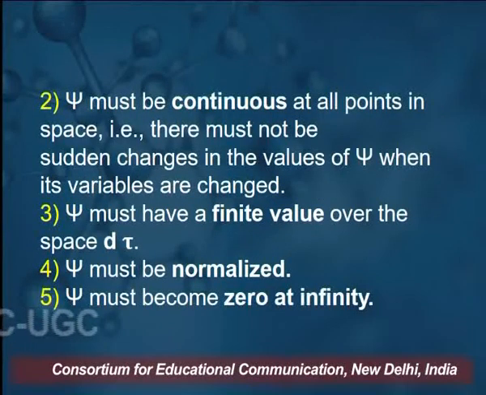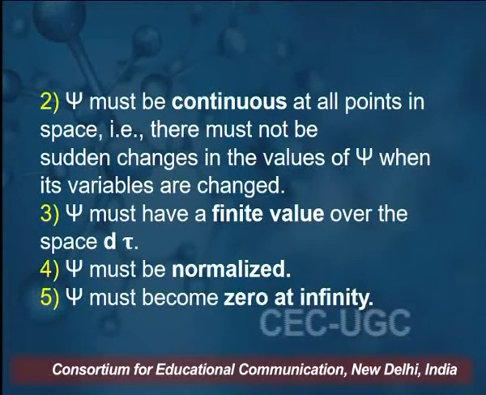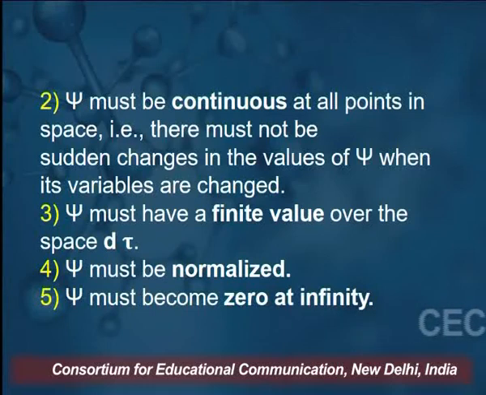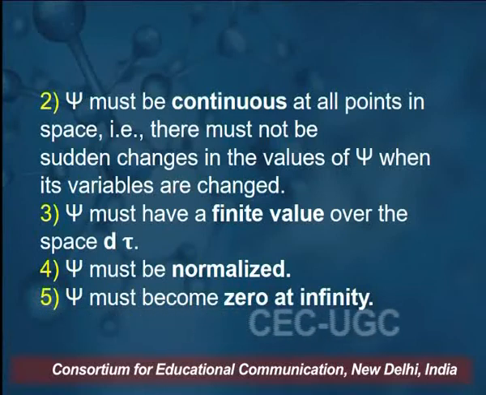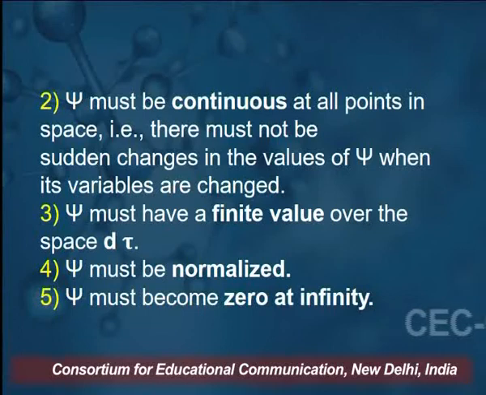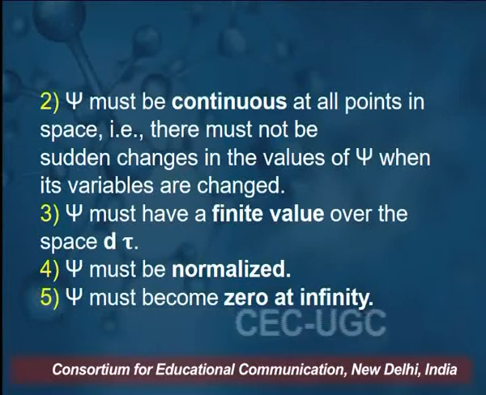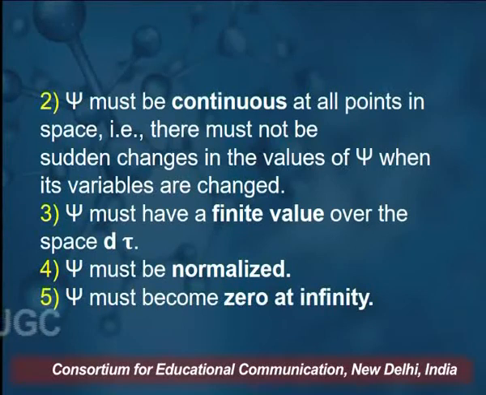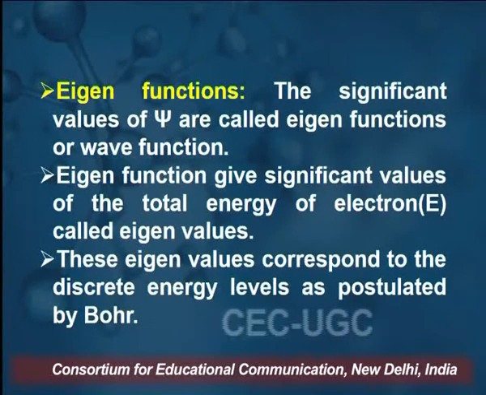Number two, psi must be continuous at all points in space. That is, there must not be sudden changes in the values of psi when its variables are changed. Number three, psi must have a finite value over the space d tau. Number four, psi must be normalized, about which we will study in a while, and psi must become 0 at infinity.